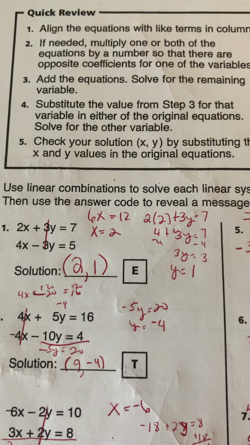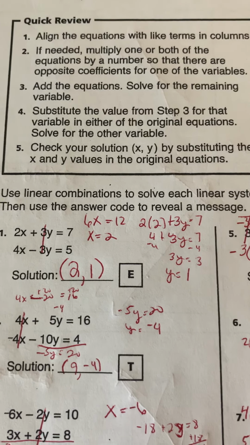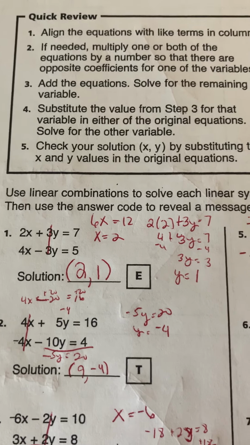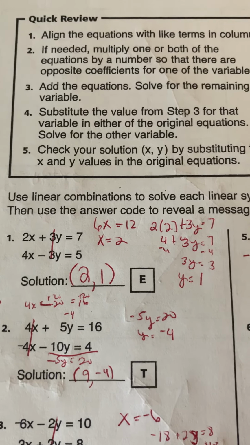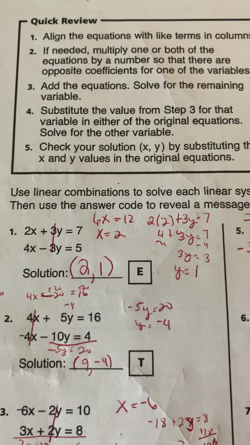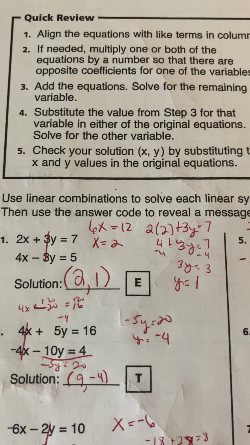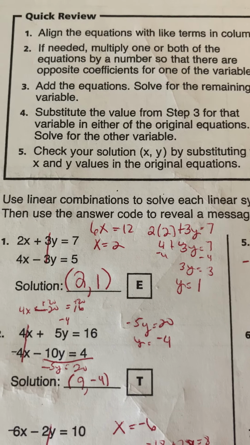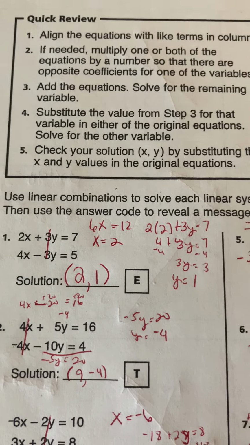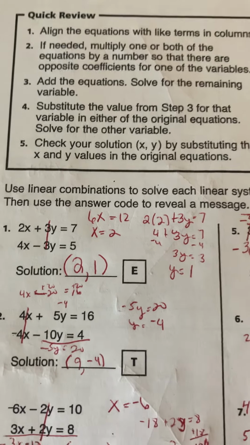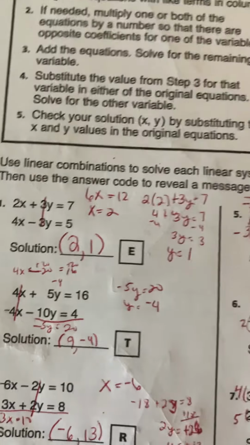All we're trying to do is get it down to one variable so that we can solve for the other variable. You add the equations and solve for the remaining variable, and then you substitute that value into one of the original equations, and that'll get you your solution.